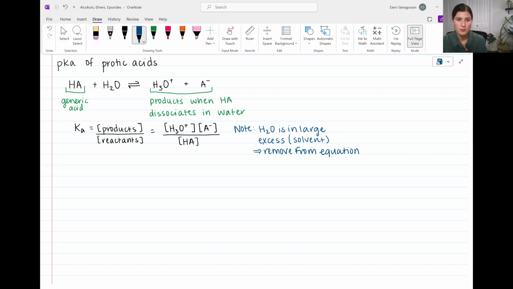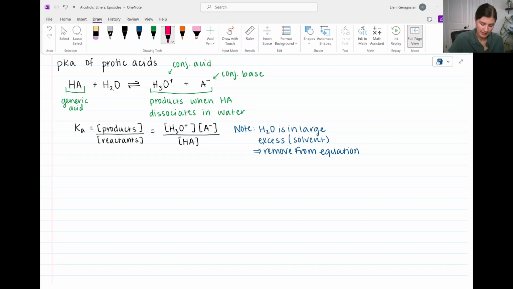So our Ka equation is the concentration of conjugate acid, H3O plus, and conjugate base, A minus, divided by the concentration of the associated acid.